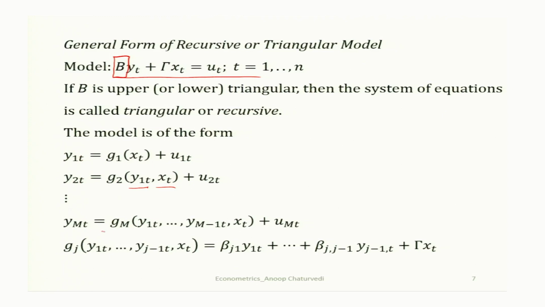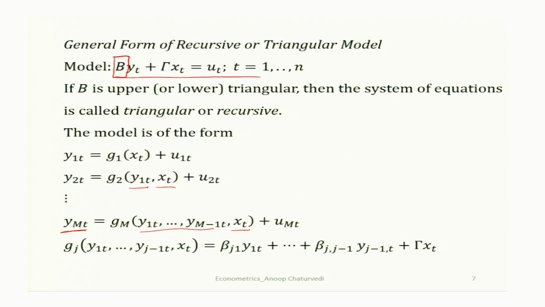Y m t is equal to g m y 1 t, y 2 t, and so on up to y m minus 1 t, x t plus u m t. So, y 1, y 2, up to y m minus 1 along with x's are affecting y m, but y m is not affecting any of these variables y 1, y 2, up to y m minus 1.